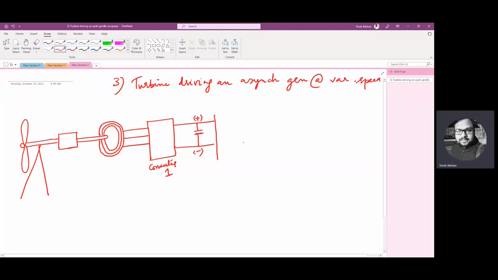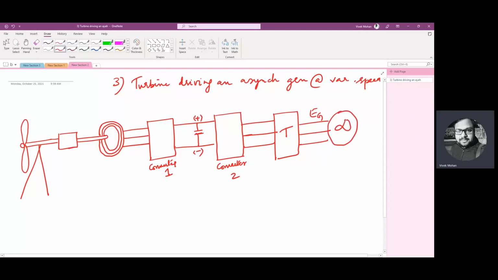Then I have another converter, which is converter 2. Again three-phase. Transformer. Again this is going to the grid. I'm representing the grid by infinity. So now I'll number it.